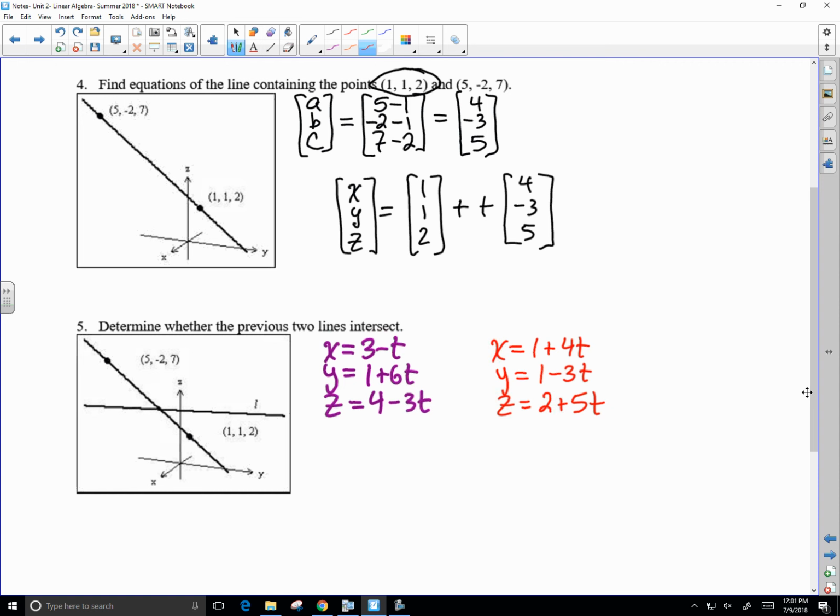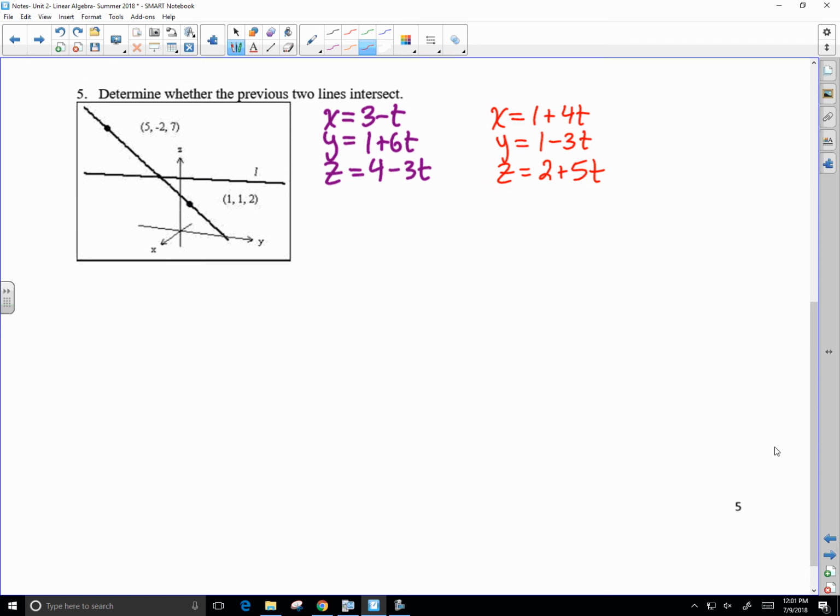So obviously there are benefits to knowing the solution in both cases. Right? So in the first case, let's just do this. 3 minus t equals 1 plus 4t.